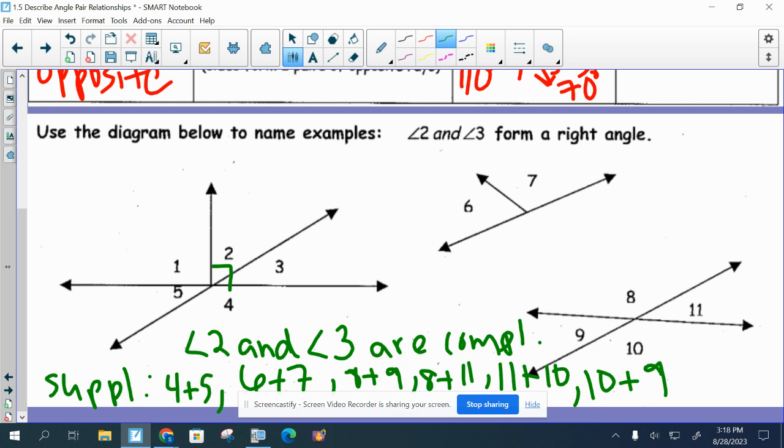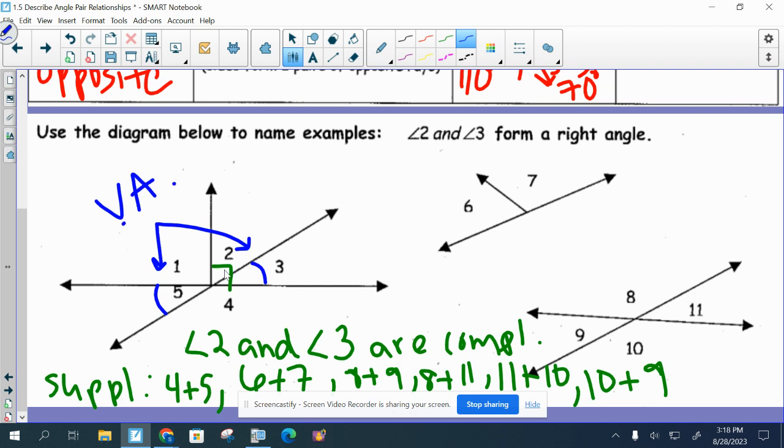Okay, and then you also have vertical angles. In this diagram, the only two vertical angles are 3 and 5. I'm just going to mark them like this. VA for vertical angle.